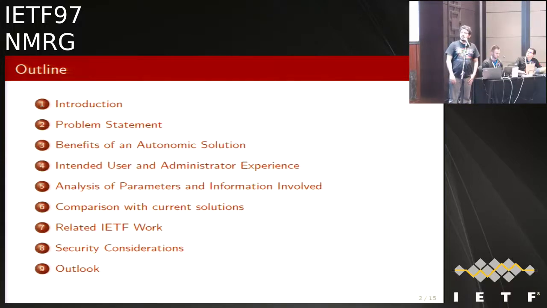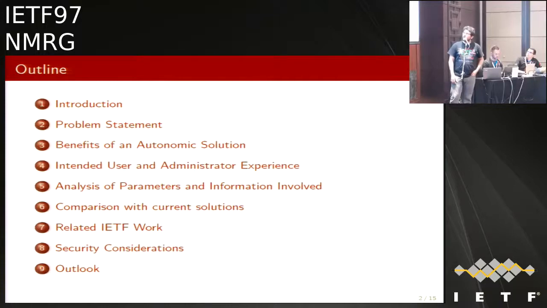So the outline shows the parts of our draft that was some kind of template from the use case for that BOF. I'm going to start with the introduction, then the problem statement.